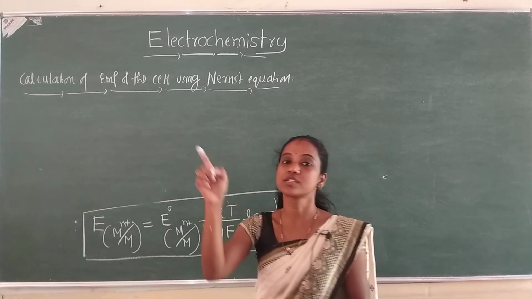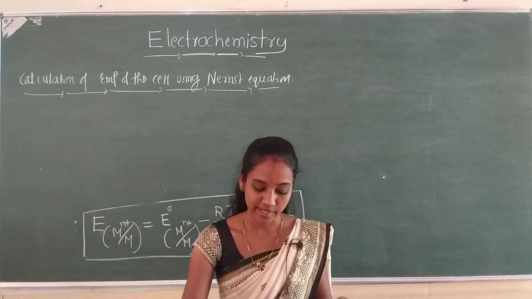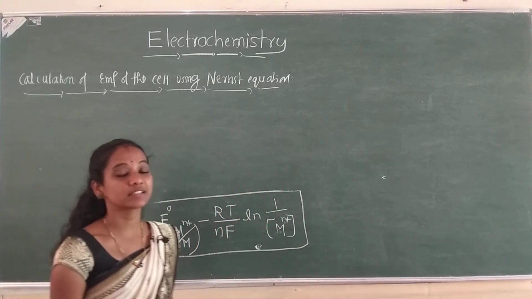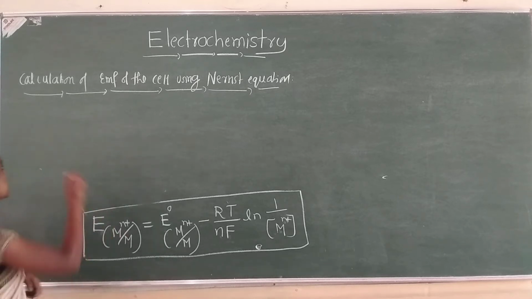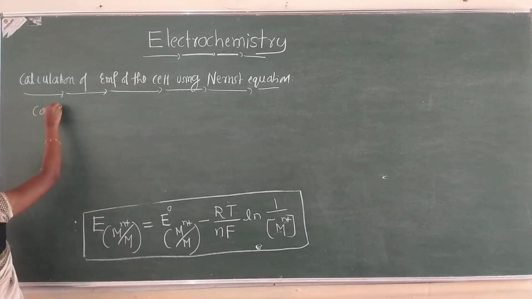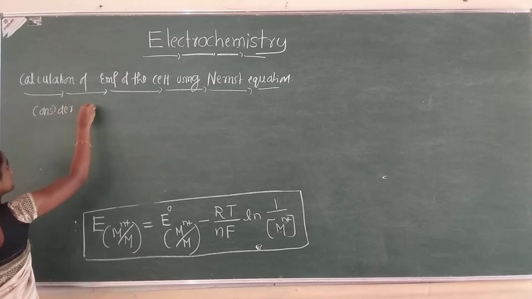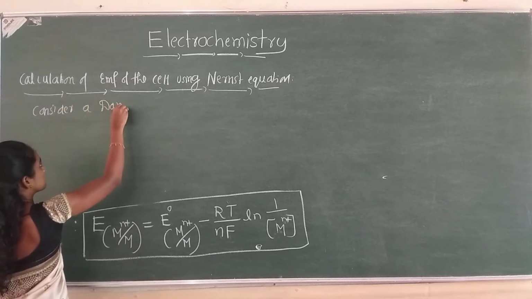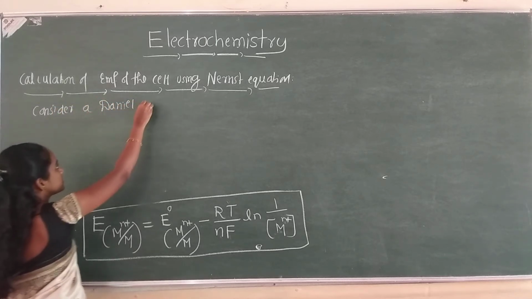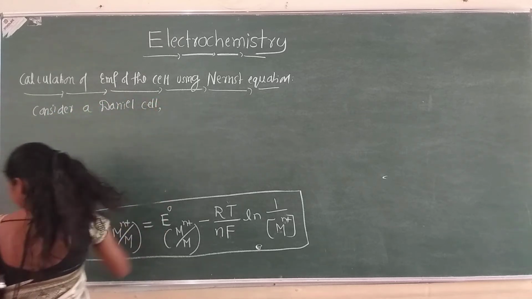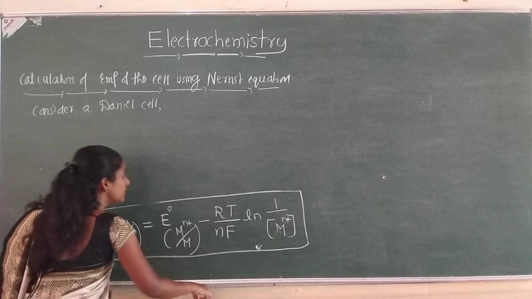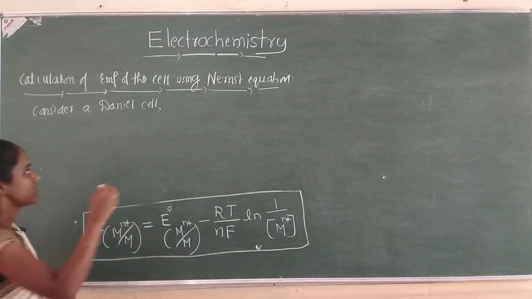These two electrodes are externally connected by a metallic wire and internally connected by a salt bridge. The Daniell cell is nothing but a galvanic cell which converts chemical energy into electrical energy.